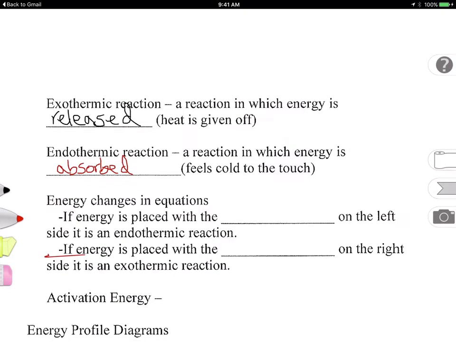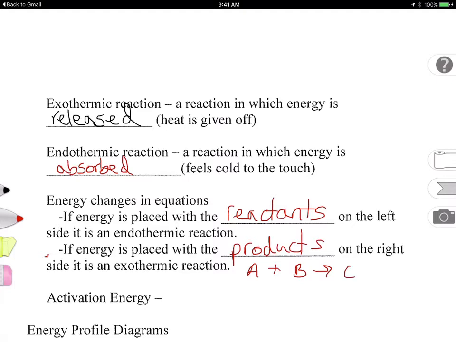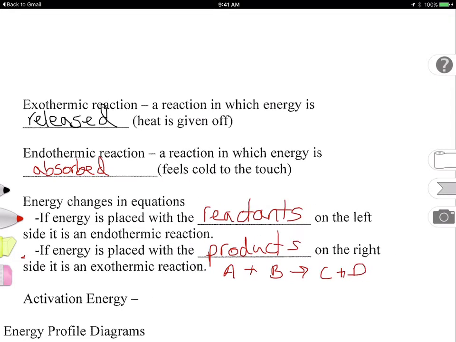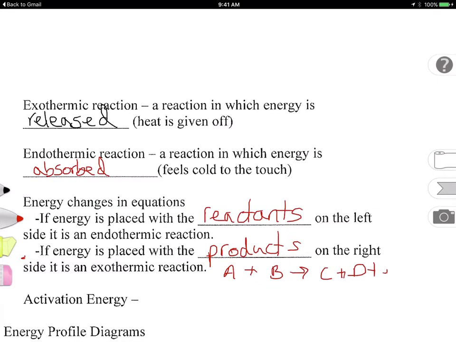Okay. If energy is placed with the reactants, it's an endothermic, and if it is on the right with the products, it is an exothermic. So what I mean by that, let's just say we have A plus B goes to C plus D plus energy.